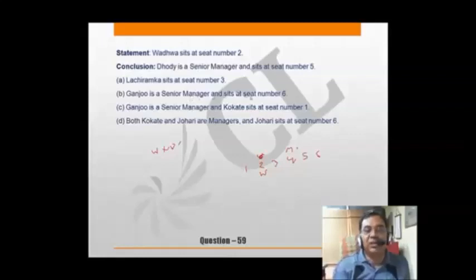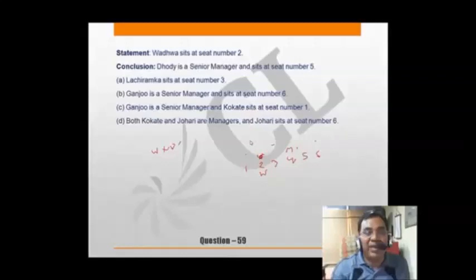Ganju is a senior manager, sits at seat number 6. So if the 6th one is a senior manager, then 3rd and 1 will be senior managers. Nothing more. Dhodhi is a senior manager, sits at number 5. This is wrong, because then we cannot say.